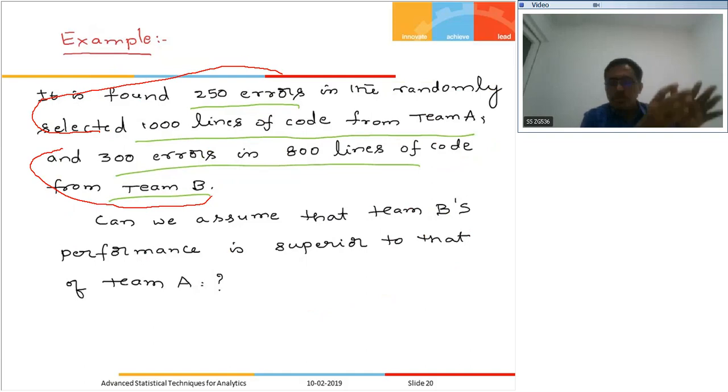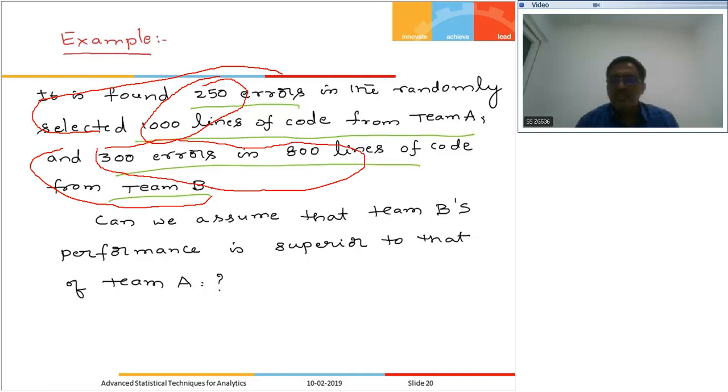That means we had two populations, population A and population B. We took one sample from one population and another sample from the other population, and again we use proportions. This is the proportion related to team A and this is the proportion related to team B, right?